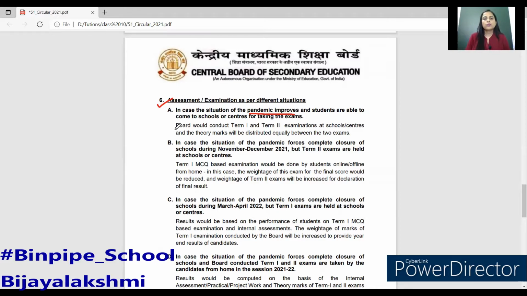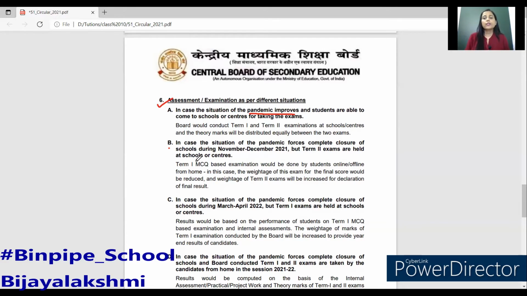There will be theory marks as well as practical marks also. Okay. Now, in case the situation of the pandemic forces complete closure of the schools in November, December, suppose we don't have complete closure of the school, but the term 2 examination is held, then the term 1 examination would be based on an online or offline mode of exam from home.